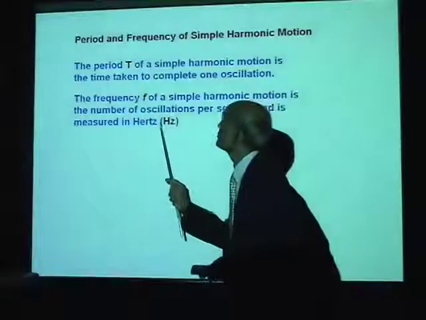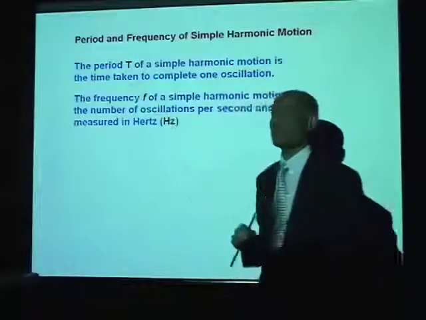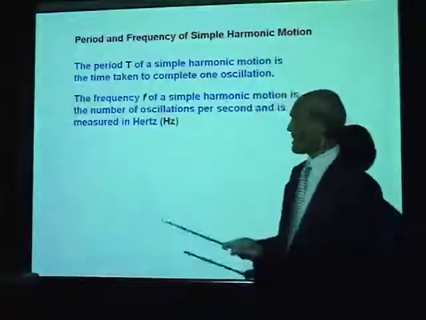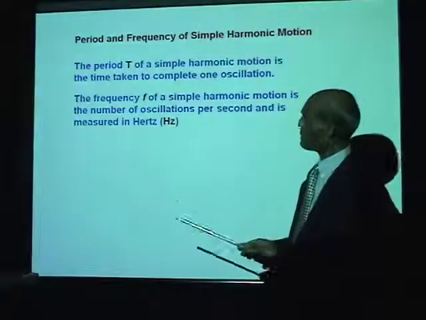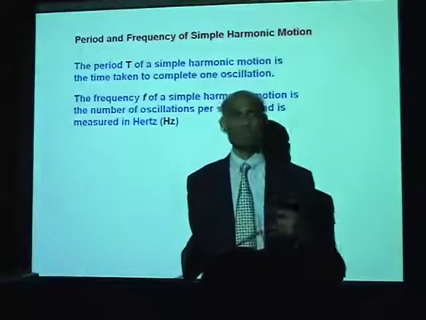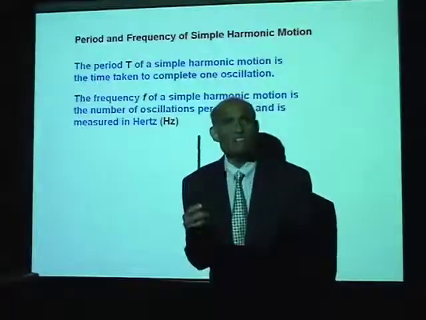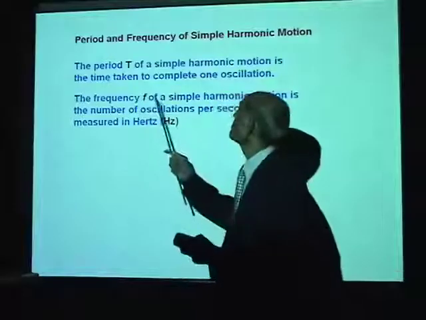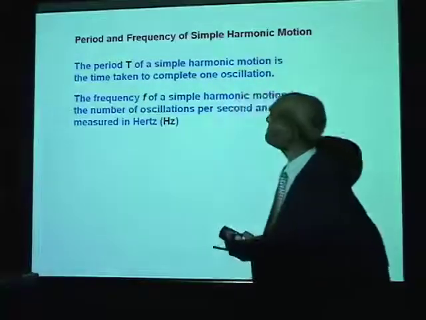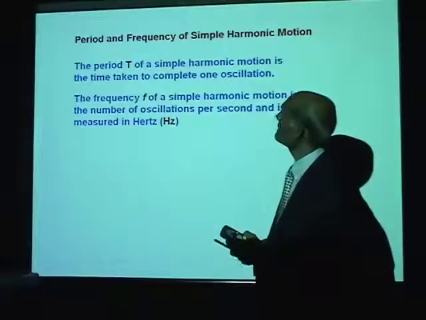And we use the unit Hertz for that. Hertz stands for per second. Okay. If you are thinking when you are listening to me, you should be able to give me a direct relation between period and frequency. Can you give me a relation between period and frequency?